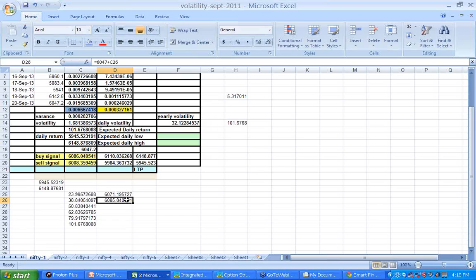So this was the upward trending points or the upward retracement levels, and the downward retracement levels will be the same way: 6047 minus this one. So same way we have calculated.